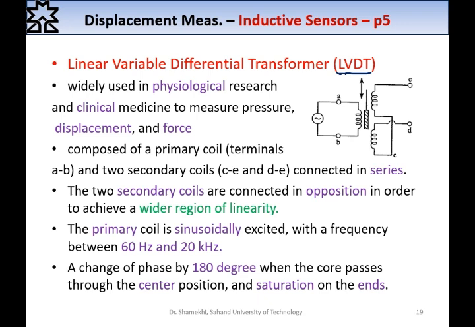In this type of sensor, we have three coils composed of a primary coil, terminals A and B, and two secondary coils connected in opposition in order to achieve a wider range of linearity.